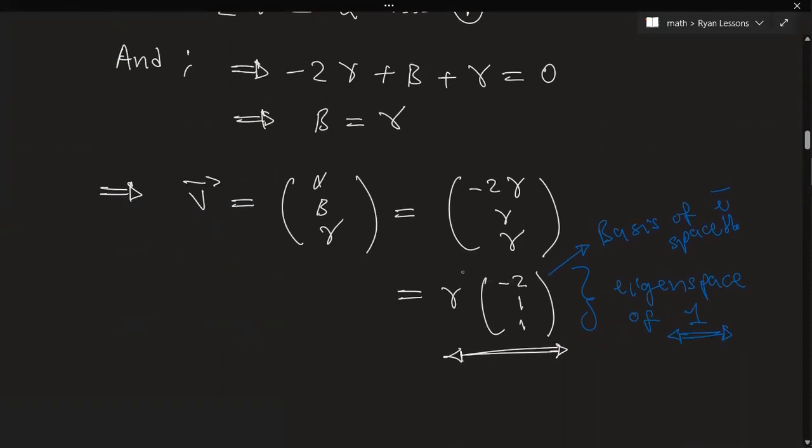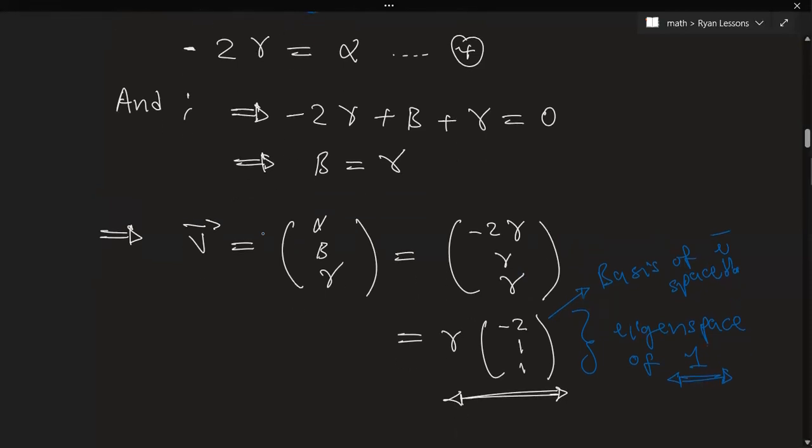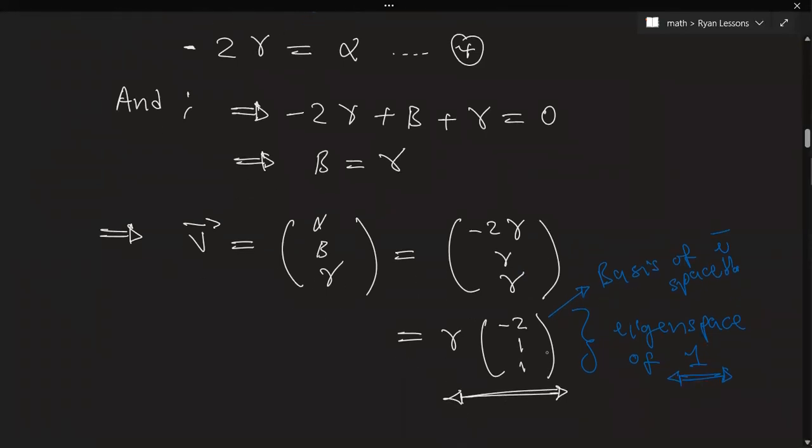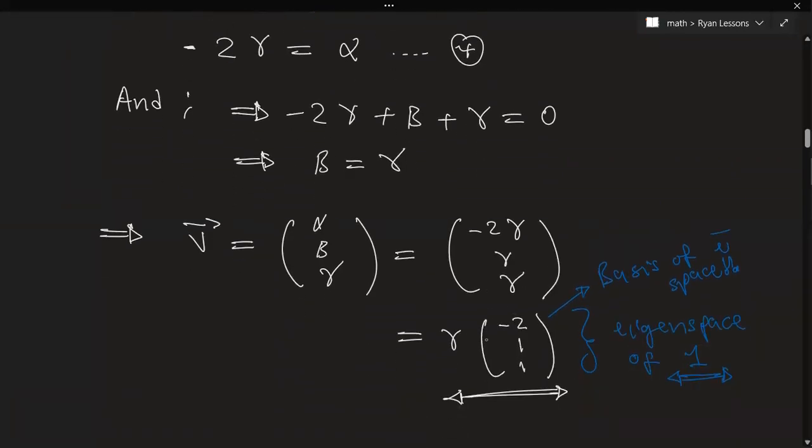So it's an eigenspace of the lambda that you are dealing with. And do you see that for this lambda, we have only one basis vector, which is just this? Yes, I do.